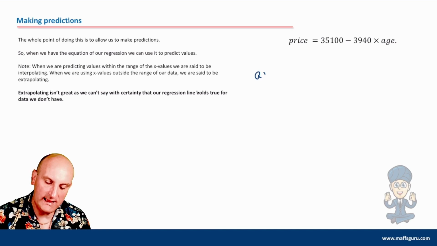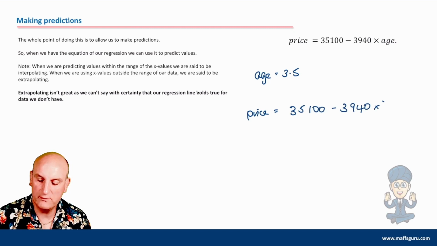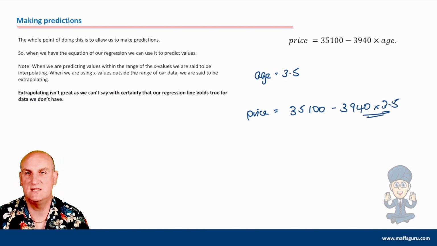So if we have our age is equal to 3.5, then we can use this formula here and just substitute in 3.5. So the price is equal to 35,100 minus 3,940 times the age of 3.5. Ka-ching. Put that into your calculator, out comes the information.